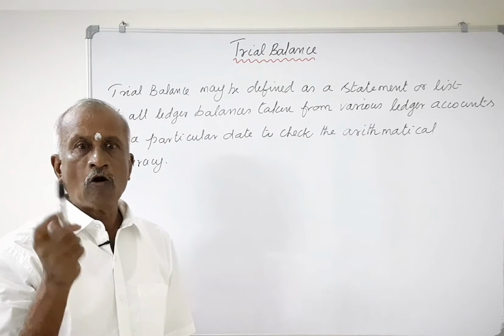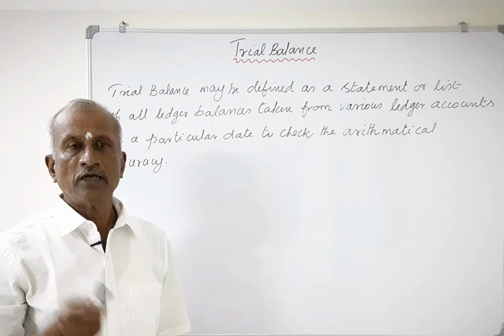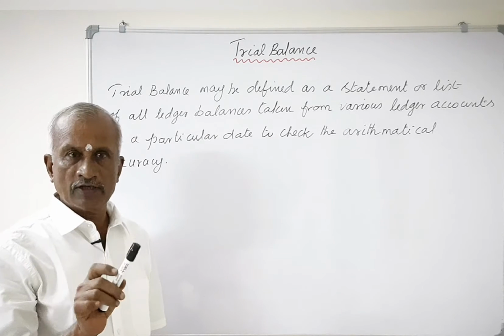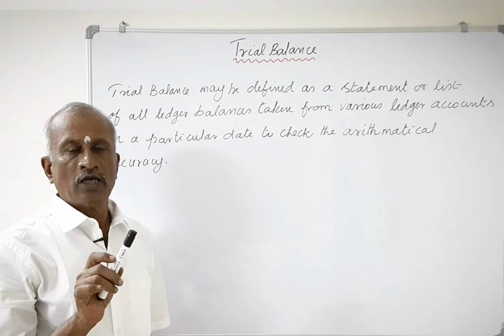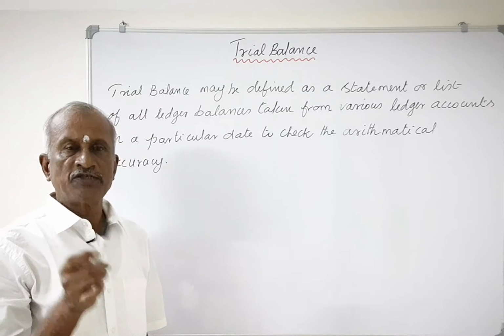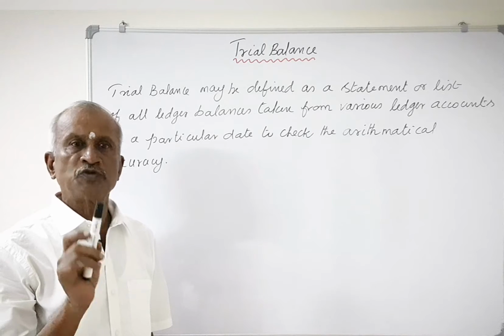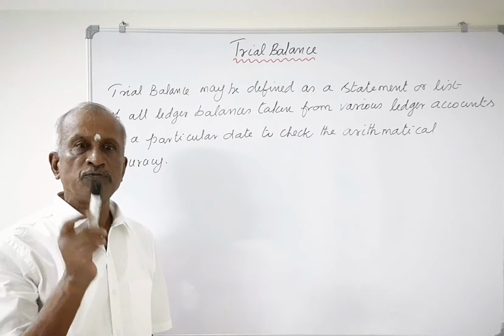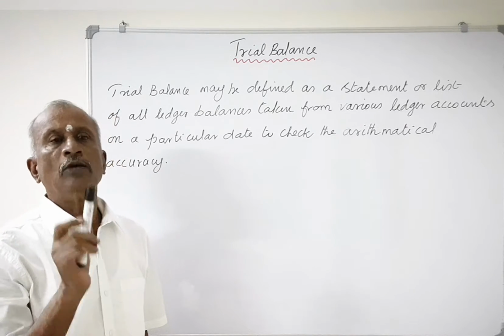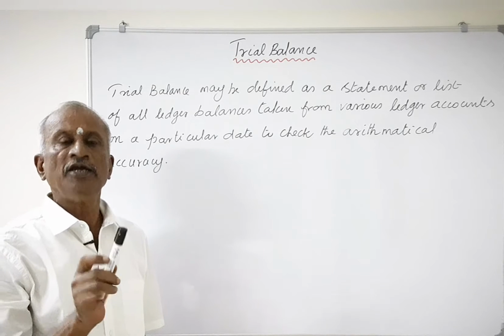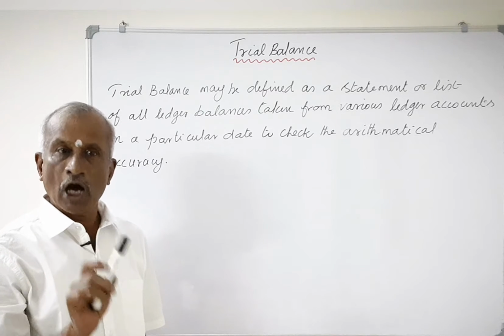If the totals of both sides agree, it confirms the arithmetical accuracy of the ledger postings. If the totals of both sides don't agree, it confirms that a mistake has been committed somewhere in the books of accounts and it has to be corrected somehow.